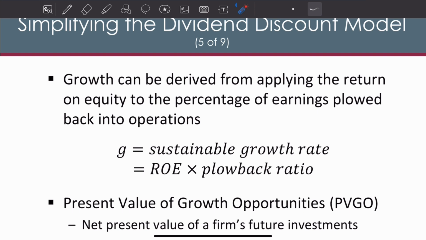Okay? If you are given the return on equity and the plowback ratio, just multiply them and you will get G. If you don't get the plowback ratio, instead you get the payout ratio, just know that the relationship between the payout ratio and the plowback ratio is always 1 minus the plowback ratio.